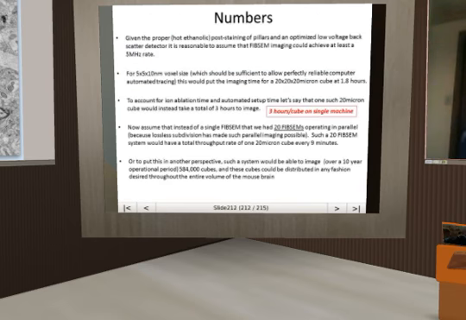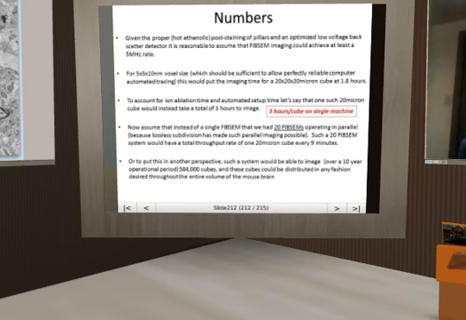Okay, so finally, let's go through some numbers here. This is, after all, a system that is yet to be built. So what you could do with it if you did have the proper funding to build it. Given the proper hot ethanolic post-staining of pillars and an optimized low-voltage backscatter detector, it's very reasonable to assume that FibSim imaging could achieve at least a 5 megahertz imaging rate, 5 million pixels per second.